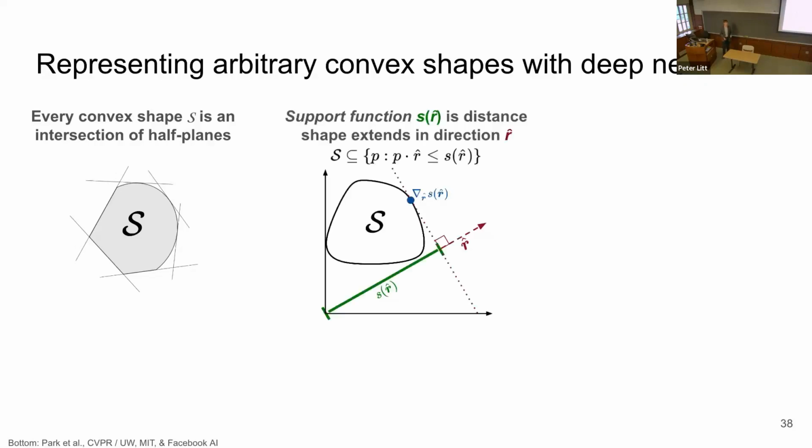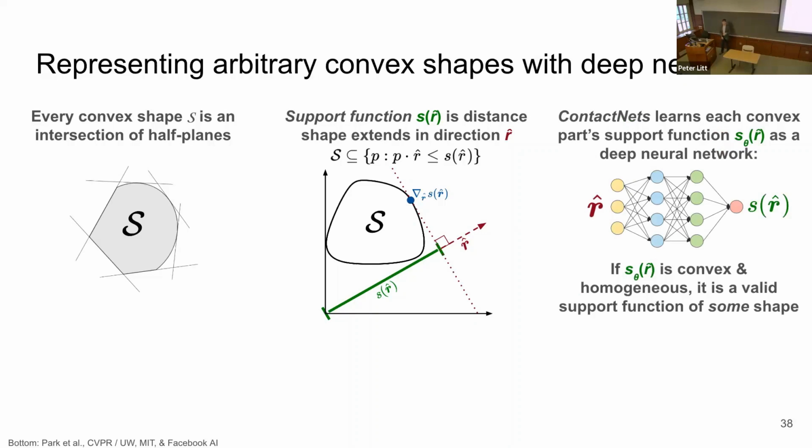The position of those planes for a given normal direction of the plane is defined by something called a support function of the shape. And this support function, given a direction, returns to you exactly how far away the hyperplane in that direction is from the body's origin. And so what we do in contact nets is we're going to be learning these support functions directly as neural networks.